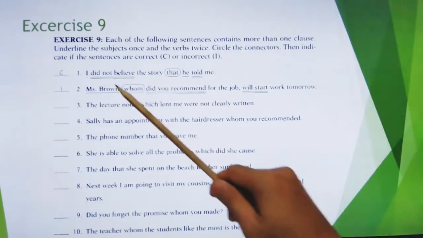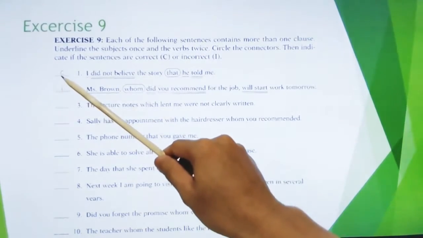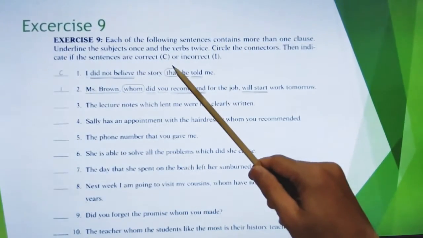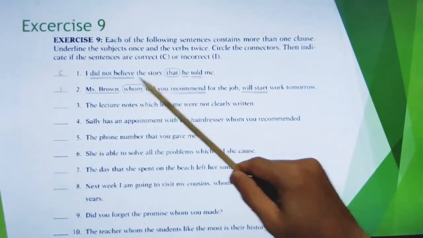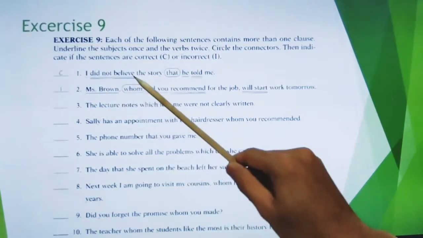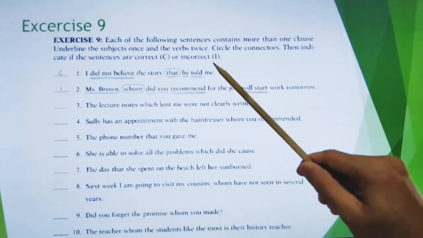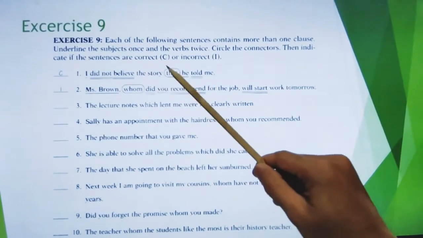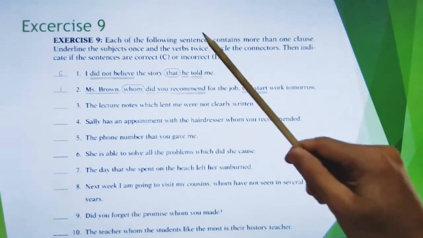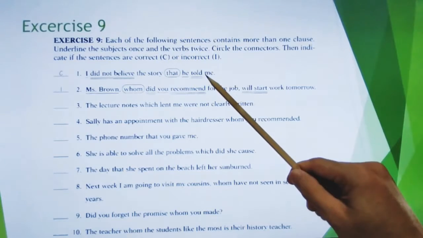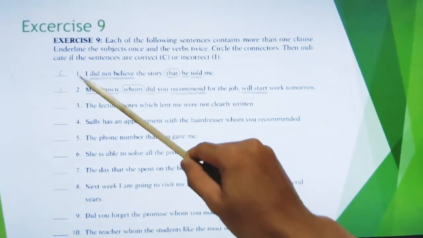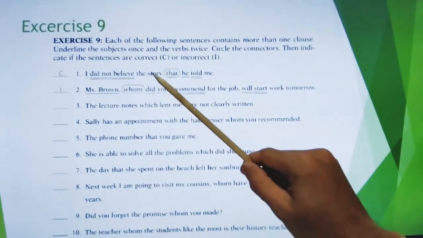Take a look at the example for number 1. We could say that it is correct. We have just mentioned before to make a circle for the connector. We have this one: I didn't believe the story that he told me. Saya tidak mempercayai cerita yang dia katakan kepada saya. This one is a subject, this one is a verb, this one is an object.